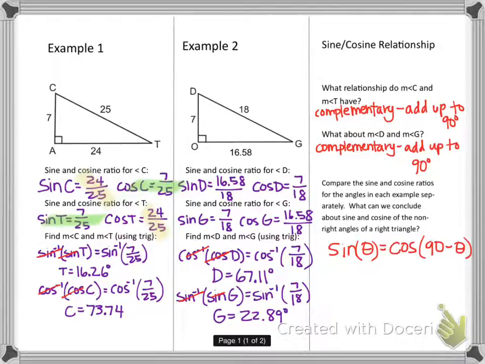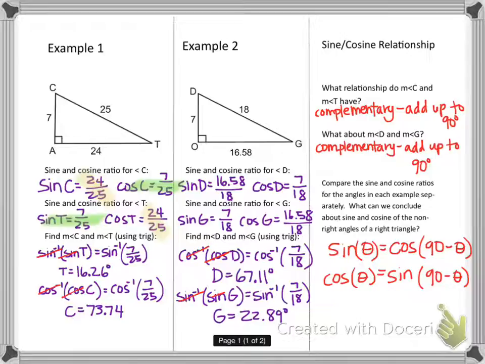The way we would write that out is that sine of theta, so any angle, will equal cosine of 90 minus theta, or whatever the second angle is. And similarly, cosine of theta will equal sine of 90 minus theta. Just take whatever that angle is, and the other angle is found by subtracting it from 90, and these two sine and cosine ratios will be the same.